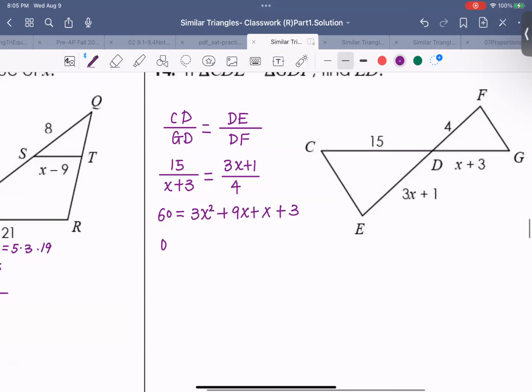So 0 equals 3x squared plus 10x minus 57. And then we will do the cross multiplication for this one, please. 3 is 1, 3. And so 57 will be who?